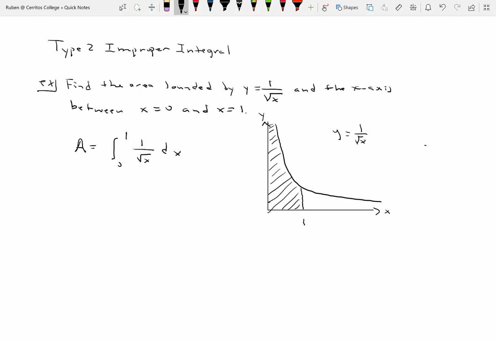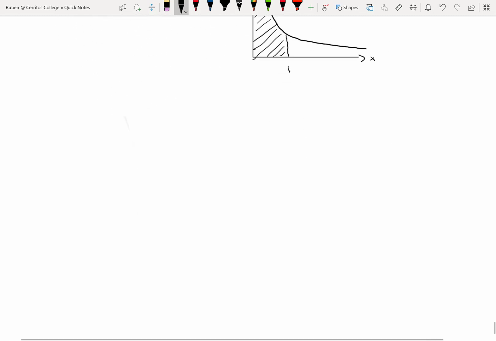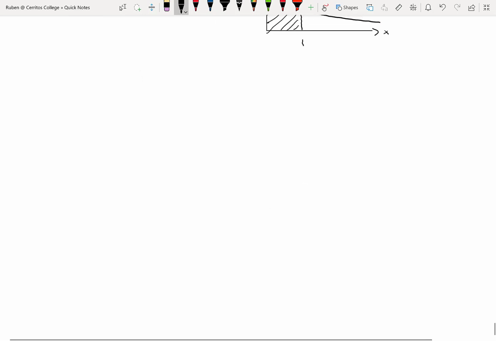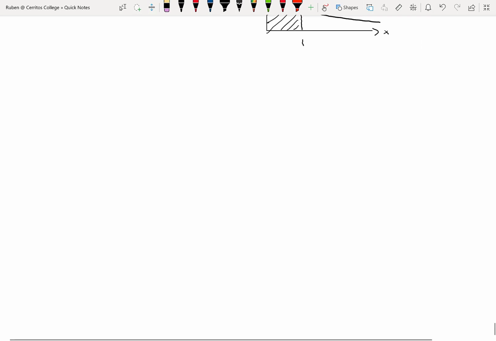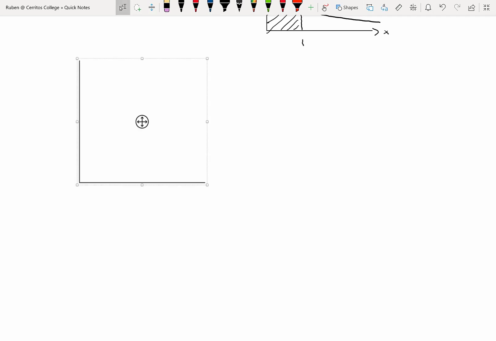The way we handle this is similar to how we handled the type 1 integral. Let's take a look at, once again, the graph of this region. We're looking at the region from 0 to 1.